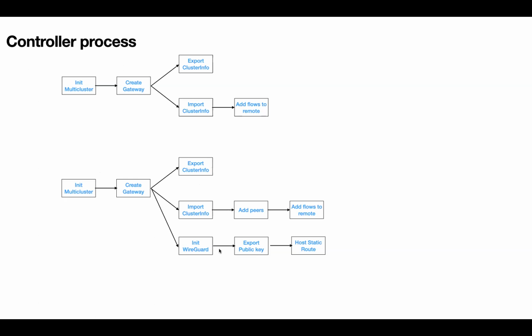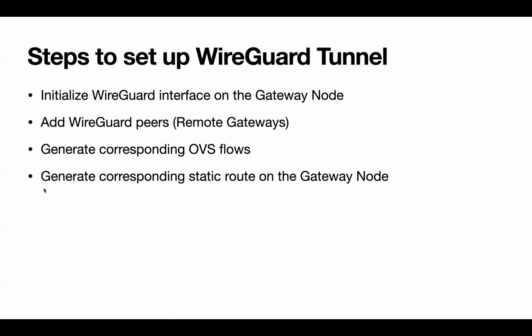Once the WireGuard interface is up, we will generate a public key, and export the public key to other clusters, so the local cluster can be added as a peer by other clusters. The last step is the host static route we just mentioned before.